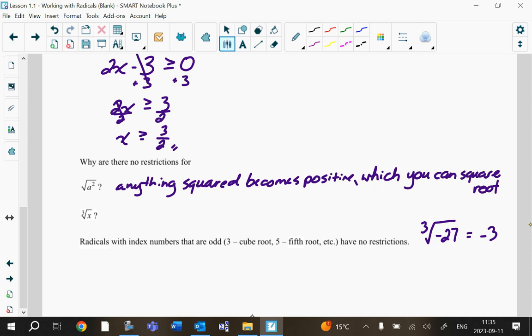And y is the cube root of x. It doesn't need any restrictions with cube roots.